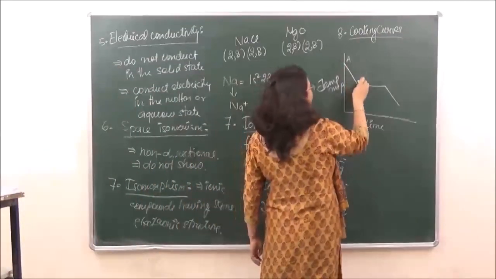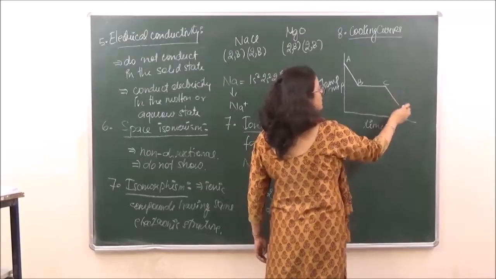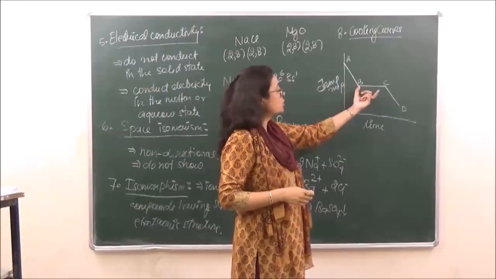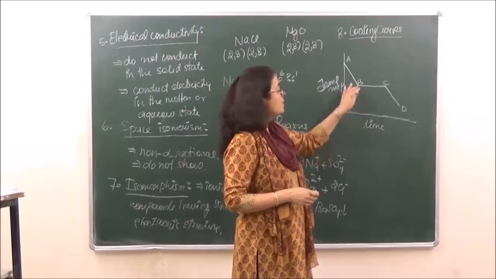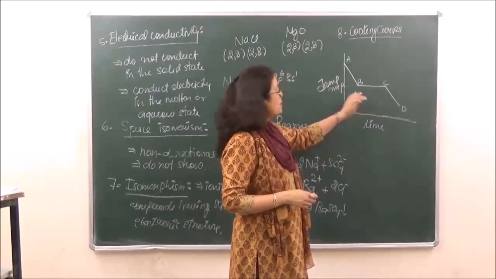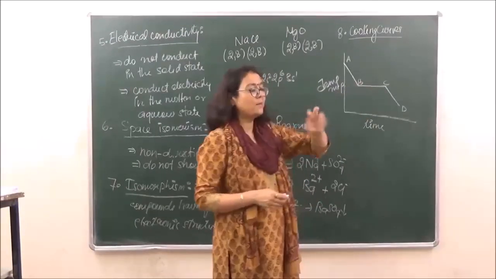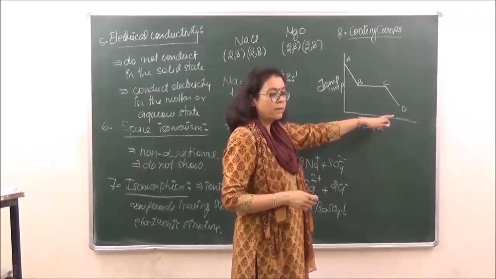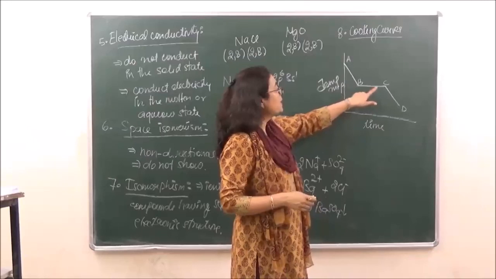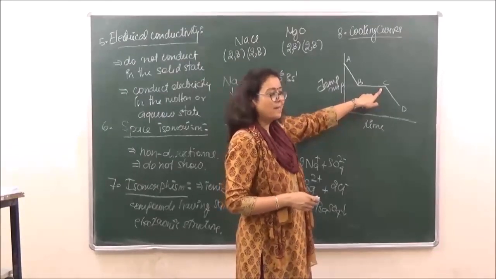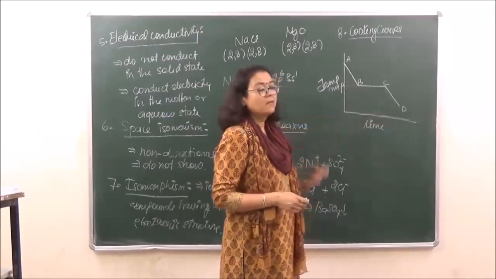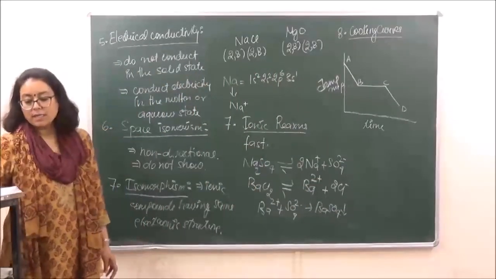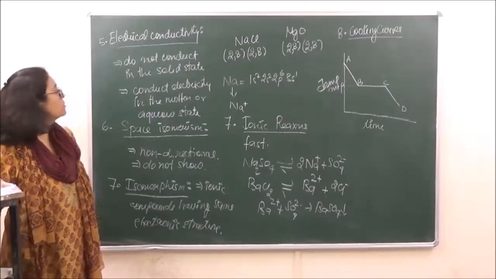If this is point A, this is point B, this is point C, and this is point D, at the constant temperature, for a little time the graph becomes a straight line, which means that till the entire melting point is obtained, no further cooling takes place. Once the melting point is completely attained by the electrovalent solid, only then further cooling is possible. These are known as cooling curves.